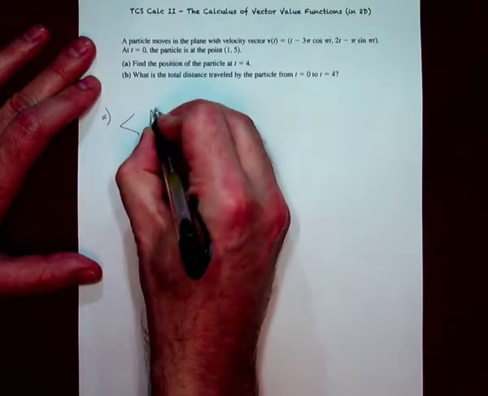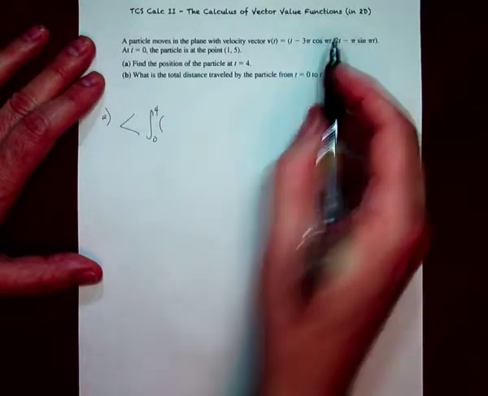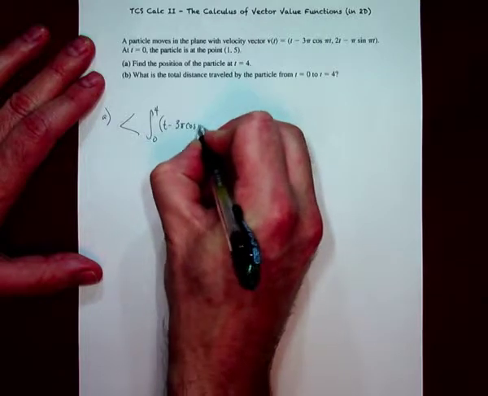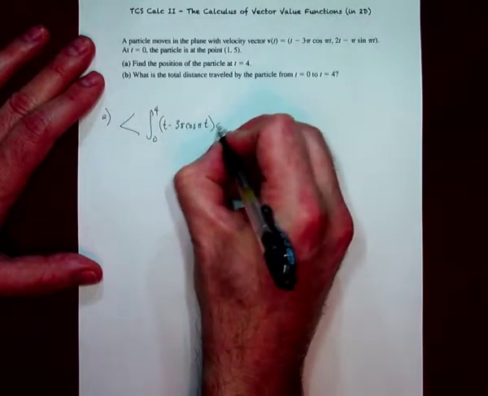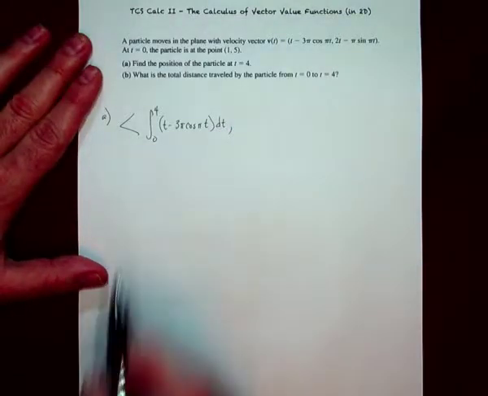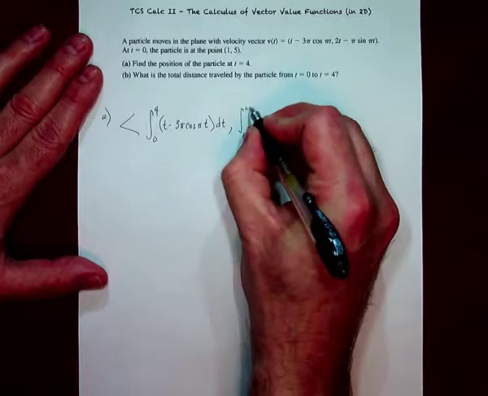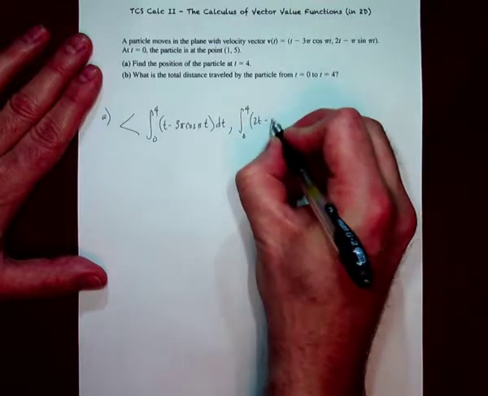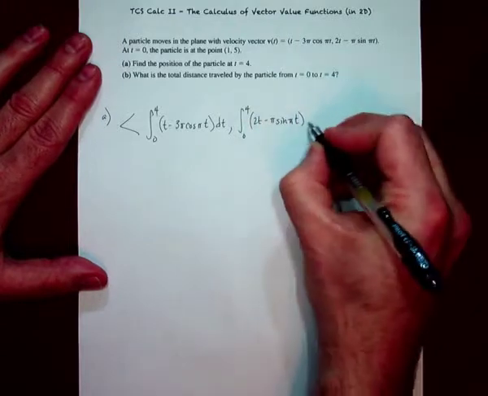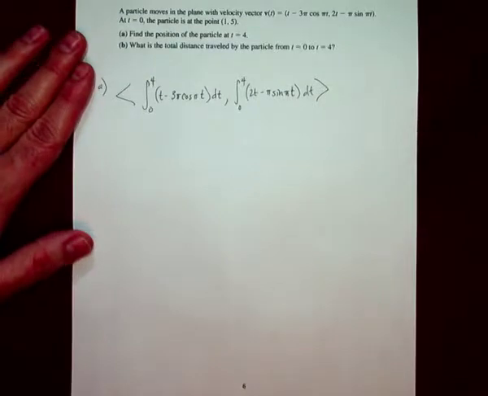So the integral from 0 to 4 of the x component of my velocity vector should give me the displacement of the x component from 0 to 4. The integral from 0 to 4 of the y component should give me the total displacement in terms of the y measurement from 0 to 4.